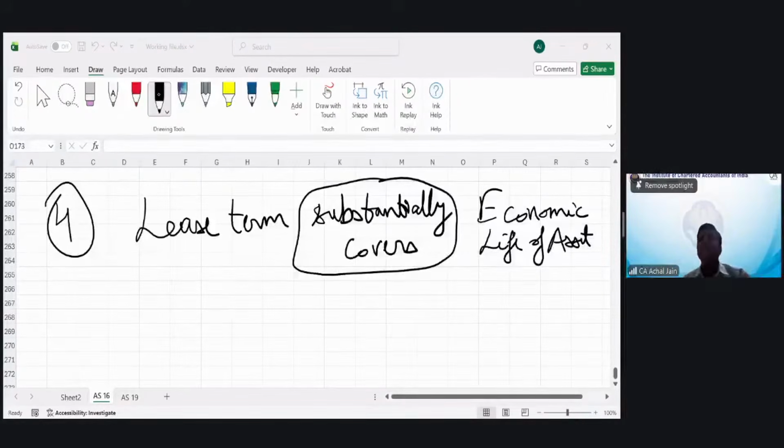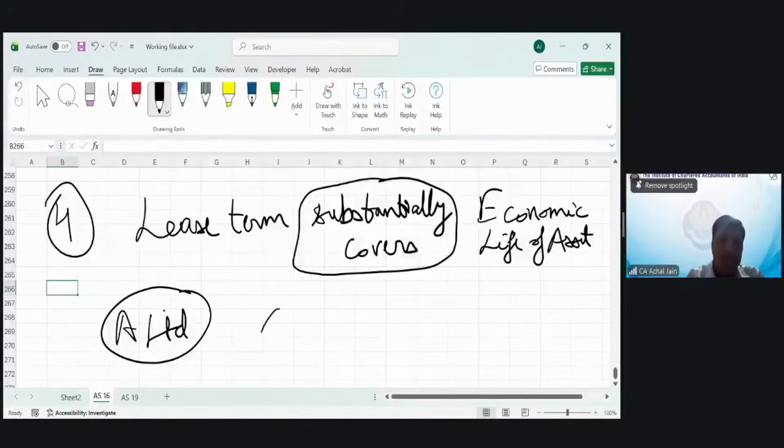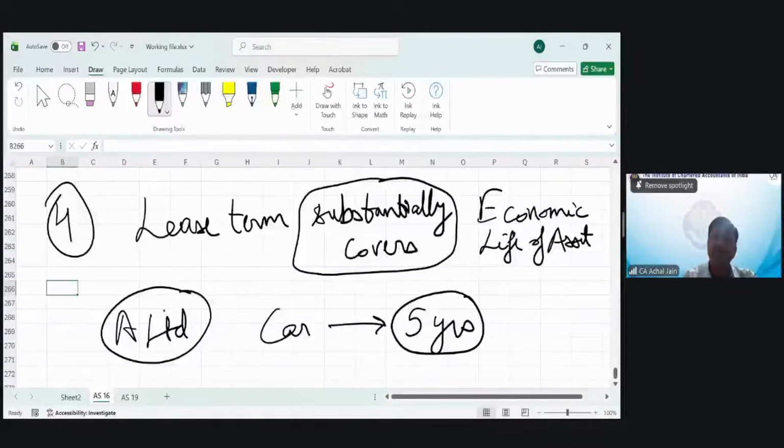Okay. So let's try to understand. Say a car. A Limited is the owner. Now, what is the plan of A Limited? A Limited wants to use this car for 5 years. This is what you call useful life.